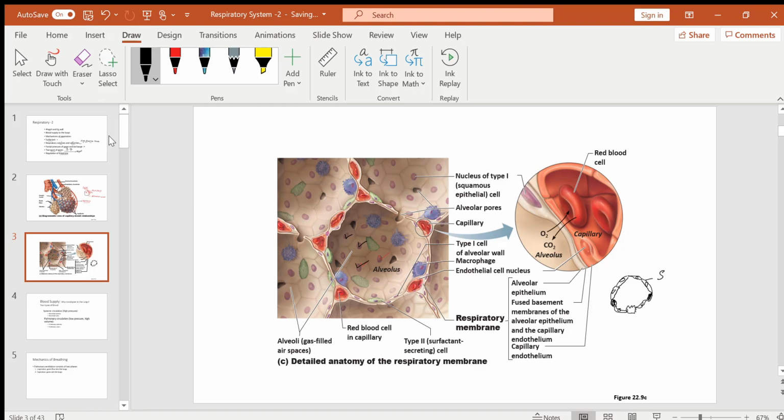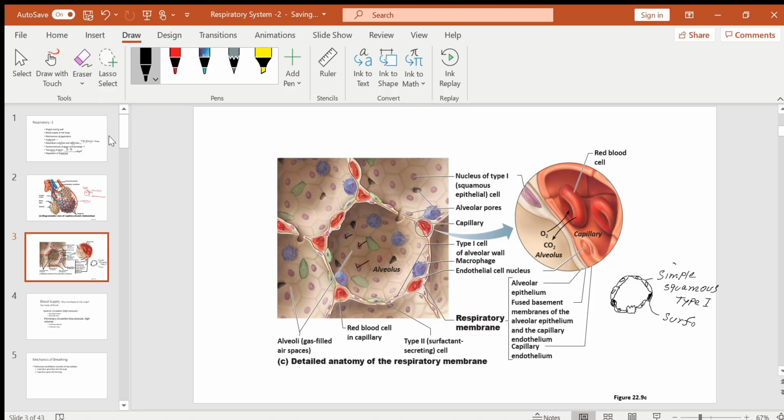So the simple squamous cell is mainly forming the wall, right? And simple squamous cells are also called type 1 cells.